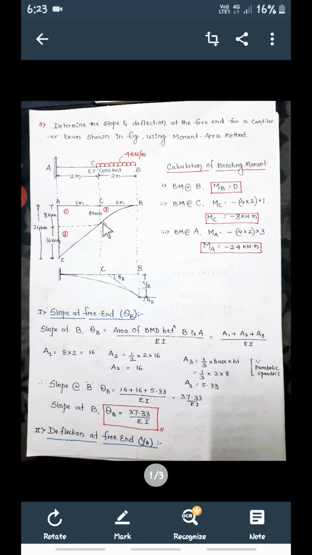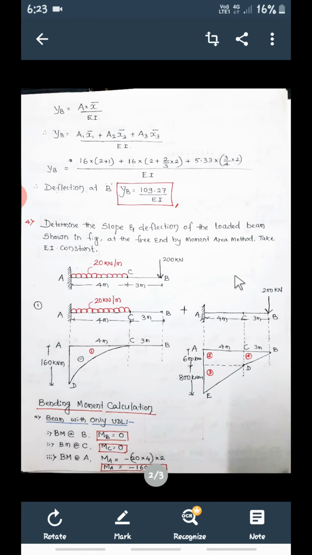So 2 plus the centroid of this triangle, which is 2/3 of the base if you consider from the 0 intensity end. So here to here it is 2 meter, plus 2/3 of base, and base is 2 meter. So 16 into x2 bar equals 2 plus 2/3 of 2.